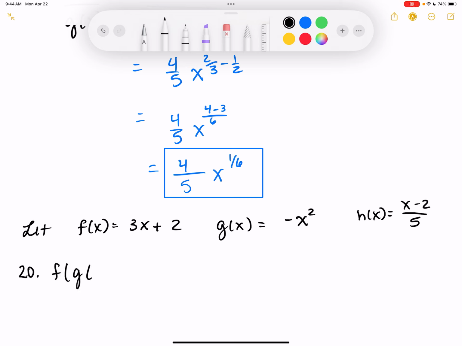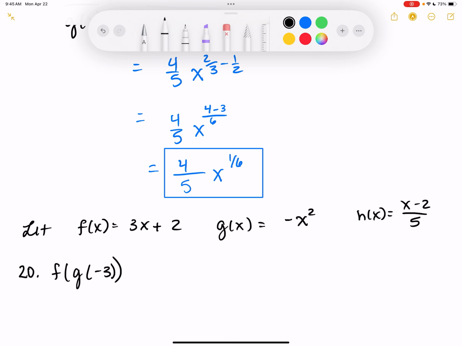This is one where they give you a number to plug in for x. We always have to start with the innermost, so I would plug negative 3 into g of x first and get that number. Then that number is getting plugged in over here.